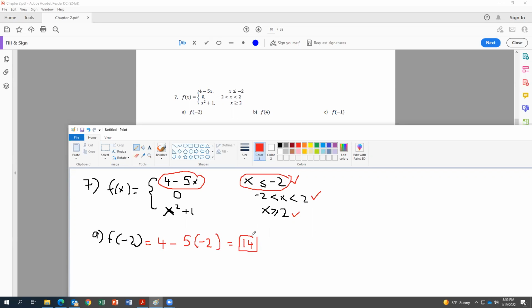So when you have a piecewise defined function like what we did in question 7, you have to figure out where the x value belongs. Like question B, f of 4, that means your x in this case is 4. So can you tell me which one of these has 4 in it?